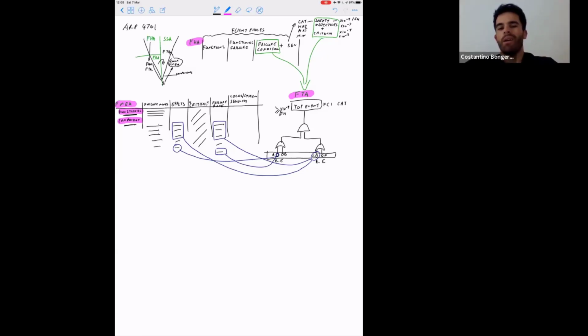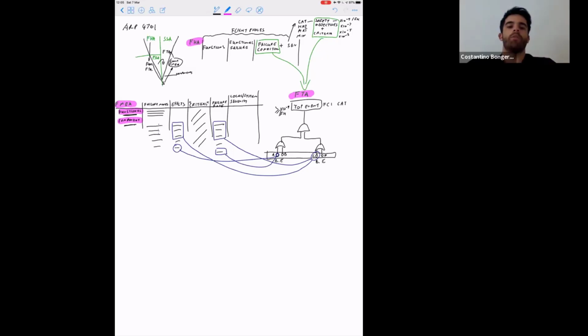But why should we do both FTA and FMEA? A fault tree analysis is what's called a top-down analysis approach. You start at the very high-level system perspective, and then you analyze down in different layers all the way down to components and to specific component failure modes if that's necessary. Whereas an FMEA starts from the component level and goes bottom up.